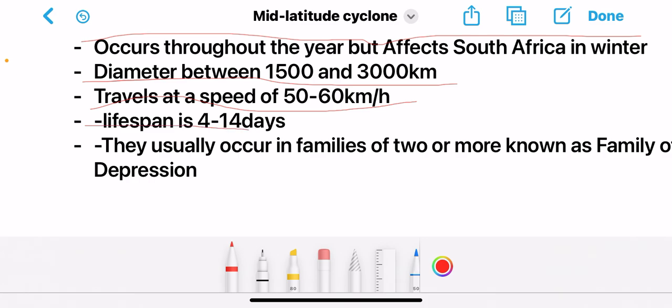It has a lifespan of 4 to 14 days. When we say 4 to 14 days, we mean on land. Okay, I forgot this one: it occurs throughout the year but affects South Africa mainly in winter. And the part of South Africa which it affects mostly is Cape Town, right?